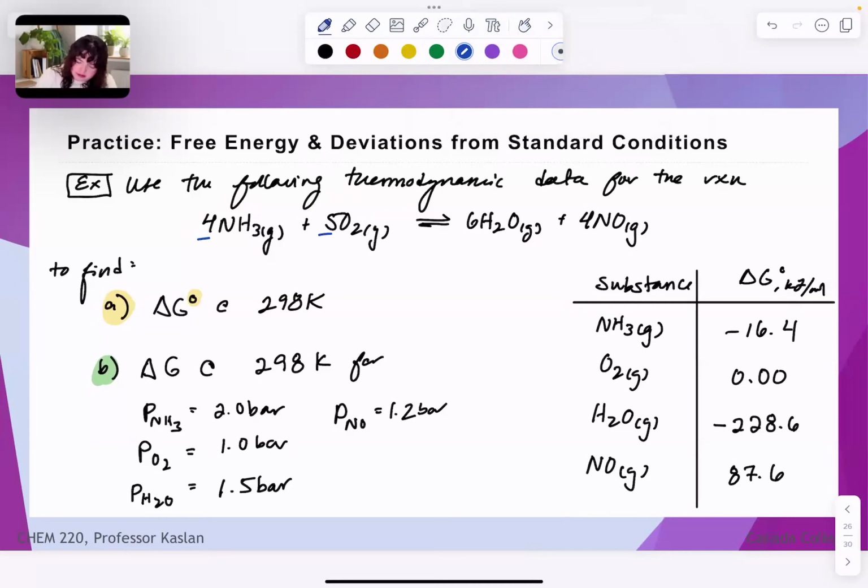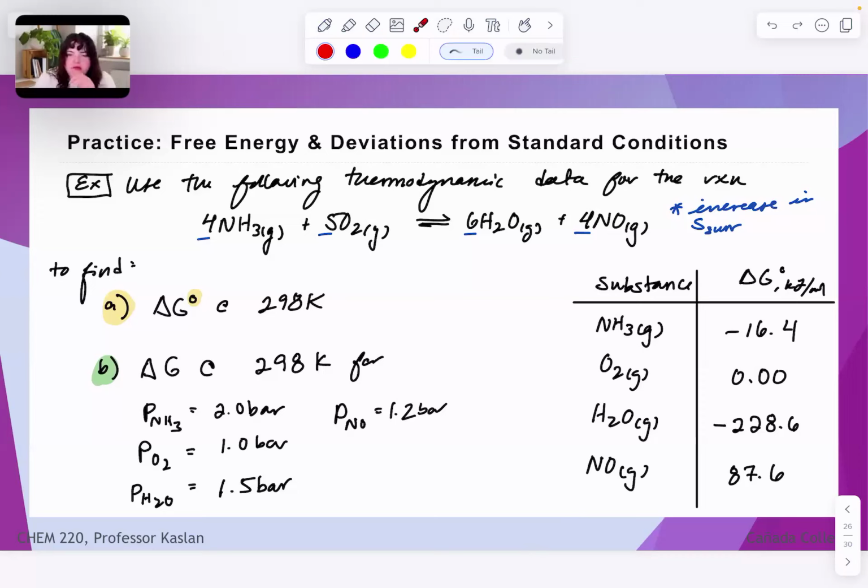So based on these, and then this is the S of the system, our surroundings. And then if we inspect this reaction, you might notice the structure of something plus O2 making H2O gas. While it's not a hydrocarbon combustion, this is still like a combustion reaction, and those are typically exothermic.